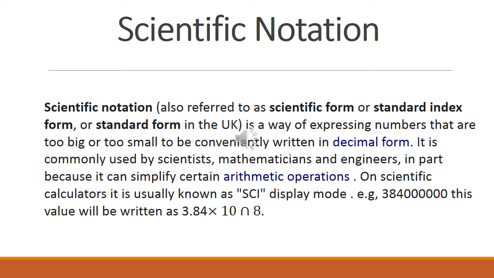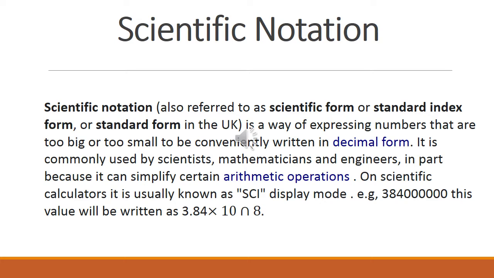One thing is very important. It has a specific way of representing very large or very small values. The first thing we have to notice is that the decimal should be placed after the first non-zero digit. After placing the decimal, we count the number of digits present after that decimal, and then we write that number as the power of 10.